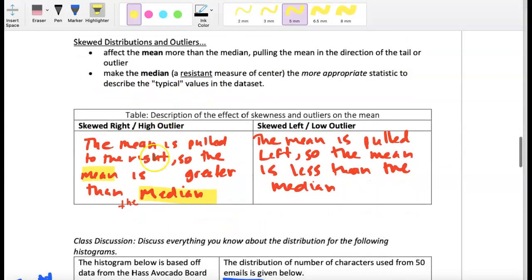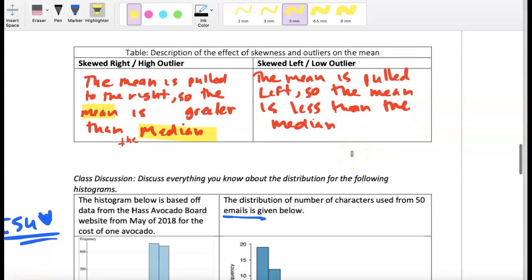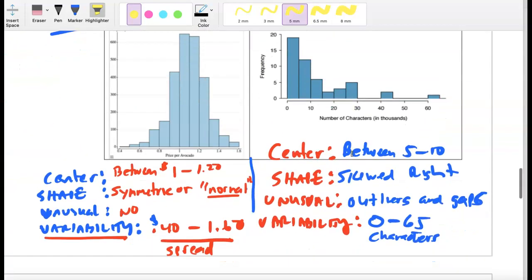And what happens here, how is the mean affected? It's an important idea. The mean is pulled to the right when you have skewed to the right. So the mean is greater than the median in this case because it's skewed in one direction. If you have skewed left data, then the mean will have a smaller value than the median. So in most cases we would report a median value.